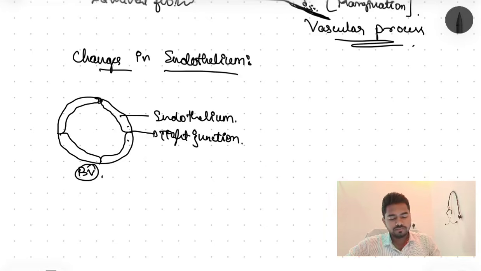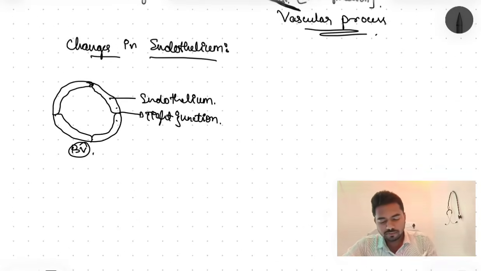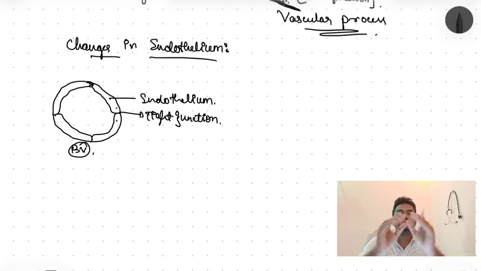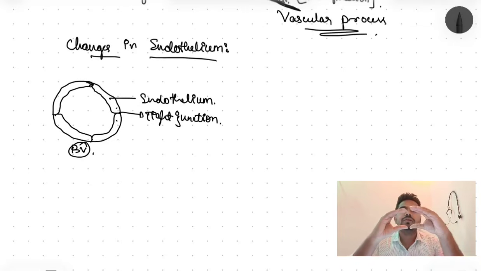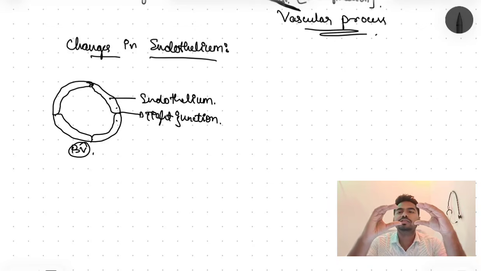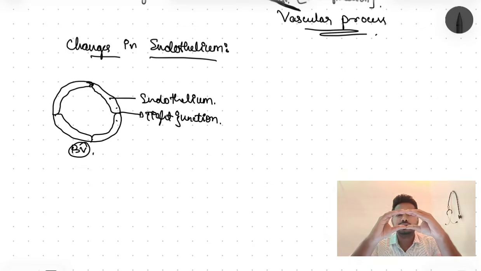But what happens in endothelium? Endothelium will constrict. Imagine, guys, if this is one endothelium and this is another endothelium, and there is a tight junction in between. If one cell constricts, it leaves a gap, right?